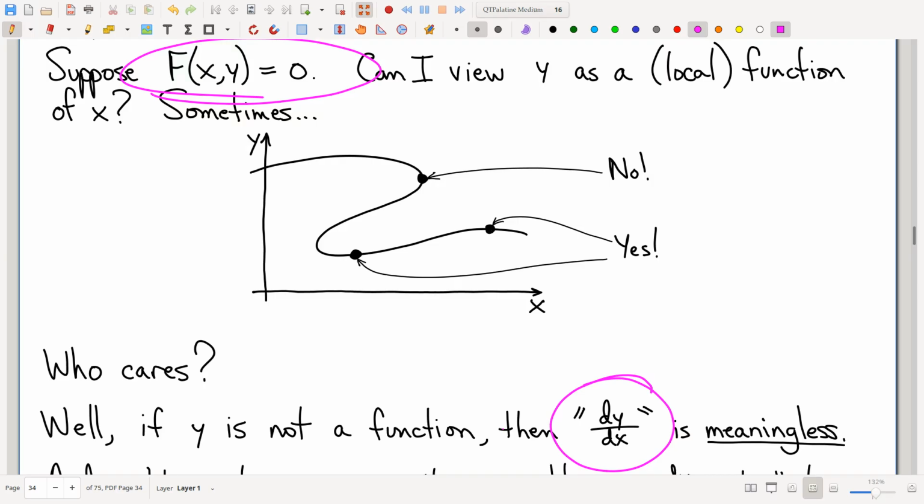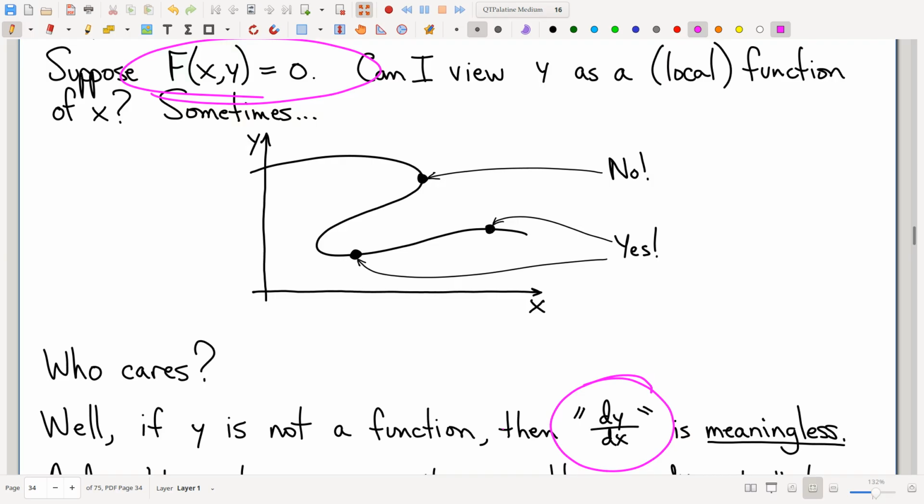So when you write down dy dx, you are implicitly suggesting that y, at least for the purposes of being able to talk about rates of change, in other words, at least locally, is a function of x. And if it is, that's fine.